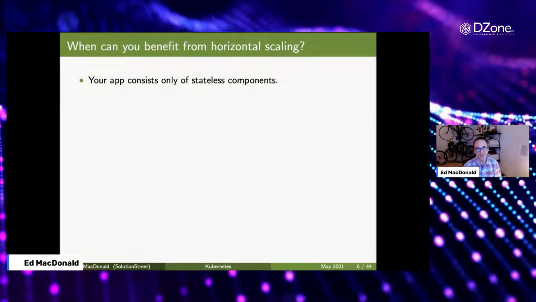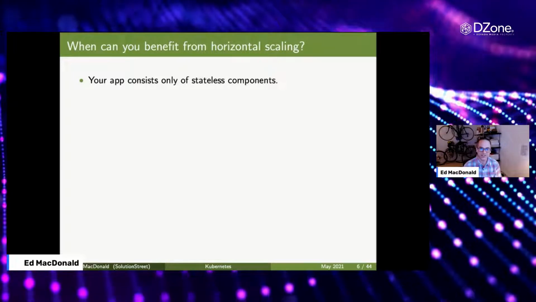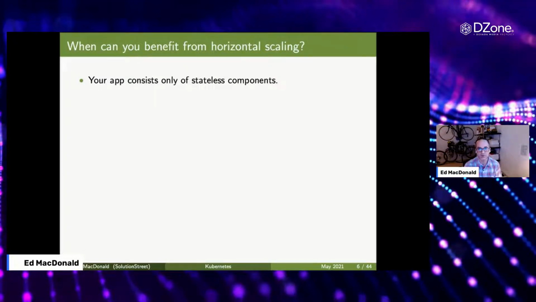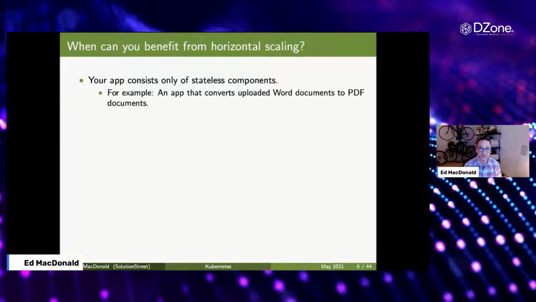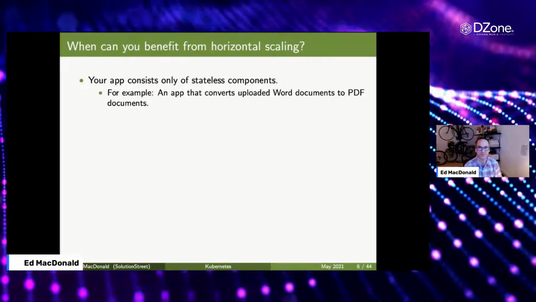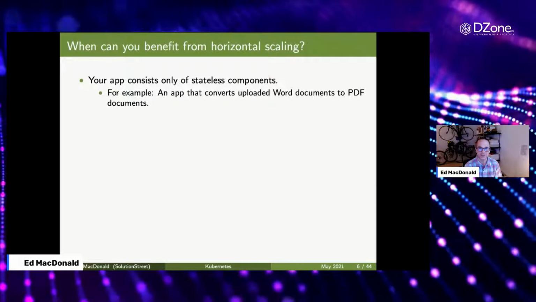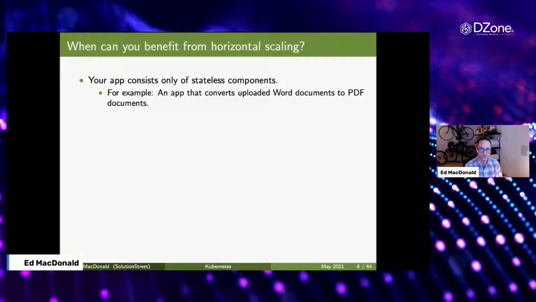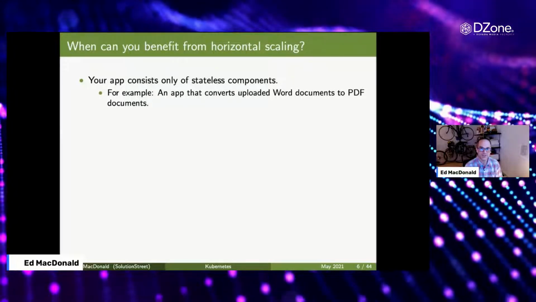The easy answer is if your app only consists of stateless components, then it can easily benefit from horizontal scaling. An example of this is just think of an app that converts Word documents to PDF documents. You upload a Word document, you get a PDF document back. You can spin up 10,000 nodes that do that.